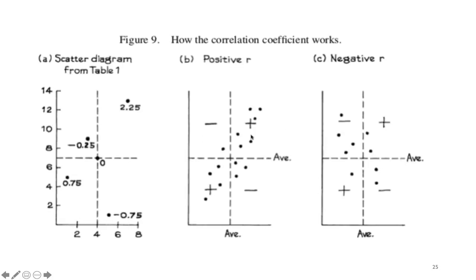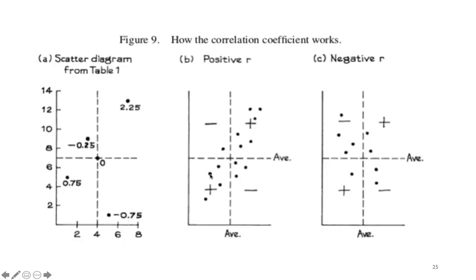If a point is on the top quadrant, that means that point is to the right of the average on both the x and the y coordinate, and so when we compute the product, we get a positive product because these numbers are positive. Similarly, if a point is also in this quadrant, that means it's to the left of the average, both in the x and the y direction.